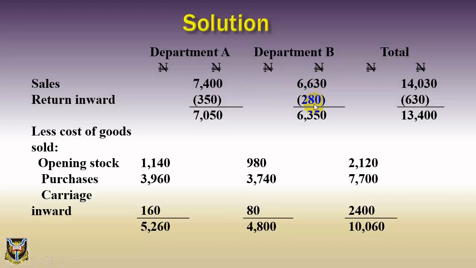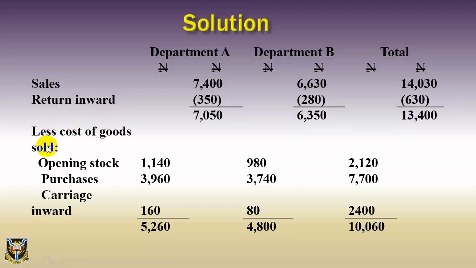Return inward 280, making 6,350 on deduction. Total sales 14,030. Return inward 630, making 13,400 on deduction.